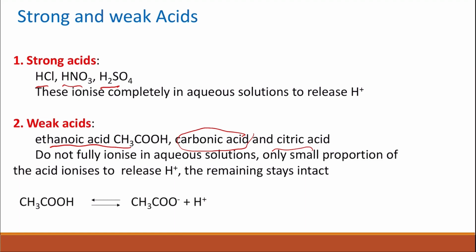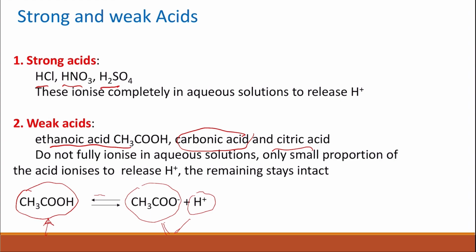In the reversible reaction, for something like ethanoic acid, the reaction will start with the ionization of the ethanoic acid in water to give the anion and to give the hydrogen ion. Once these two are formed, they will react together in a backward reaction to give you the intact acid again.